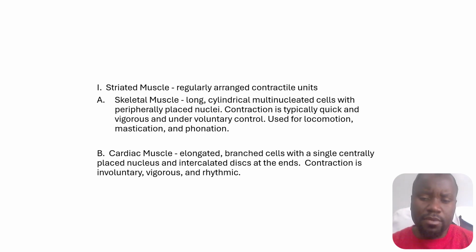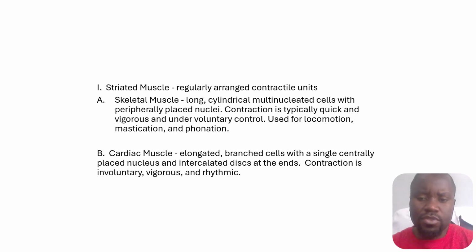It is categorized as striated based on its histologic appearance under the microscope, that it looks striated, as in striped, as a result of the regular arrangement of these repeated contractile components of muscles. So what are the categories of muscles considered to be striated or striped? These are skeletal muscle and cardiac muscle.